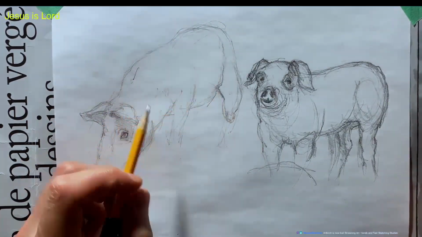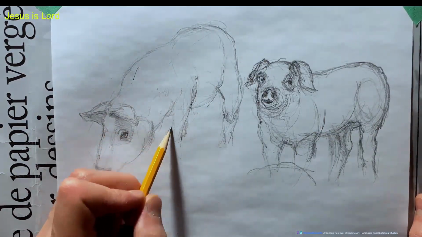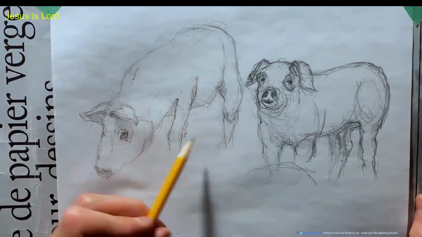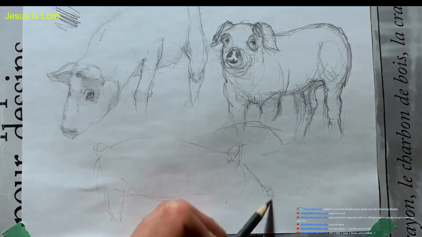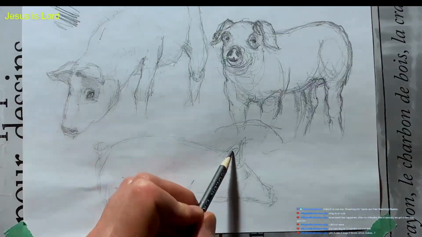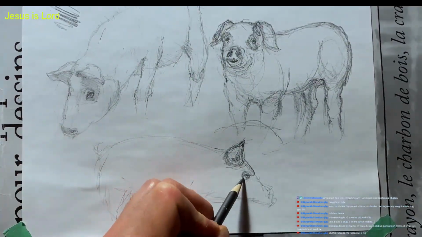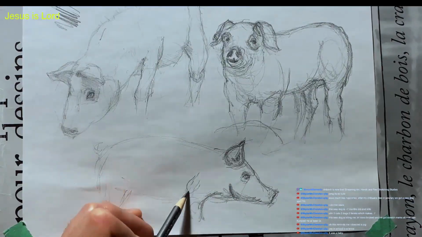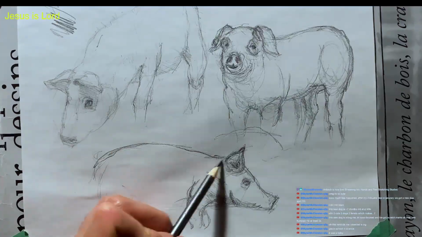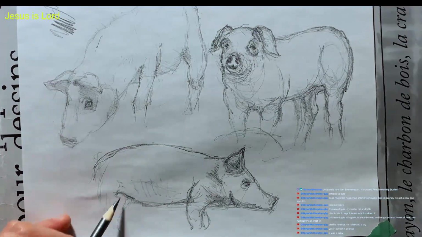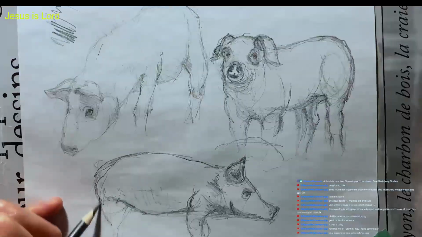I'm thinking about basic shapes, that if I was to build this pig as a little prop, and I had shapes to use, such as cylinders, spheres, cubes, rectangles, if I was to put them together and start turning it into this pig-like shape, what would I do? So basically, I'm constantly trying to think about the volume. That was just a little joke drawing.